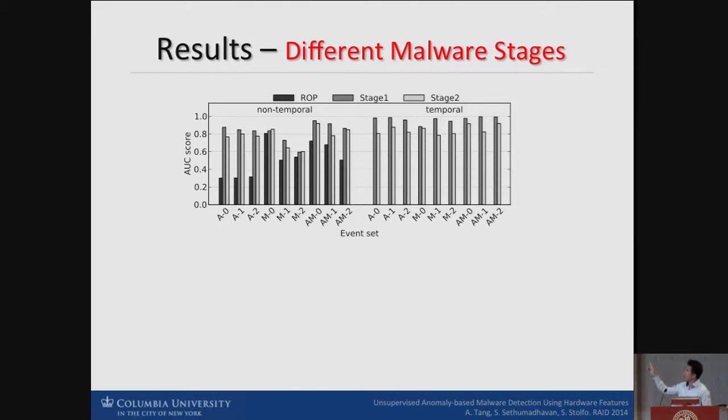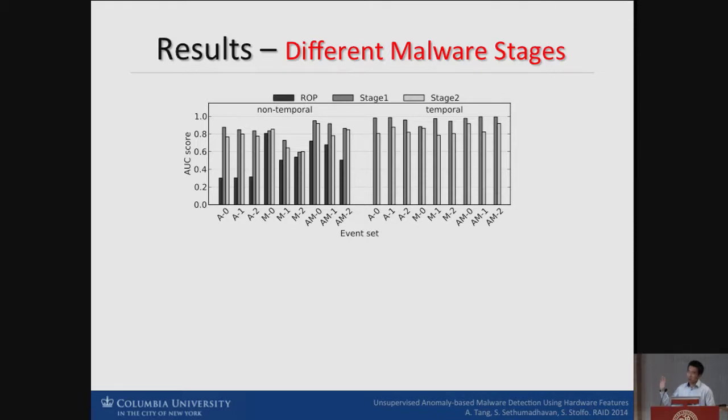Note that for the temporal models, we have left out the AUC scores for the ROP stage. The reason is that we measured the raw shellcode execution to take between 100 to 6,000 instructions to complete. But when we use a sampling granularity of 500 and 12,000 instructions and combine multiple non-temporal samples together, the execution of the raw shellcode constitutes only a very small portion of the temporal sample. As a result, the entire sample looks like a normal sample.